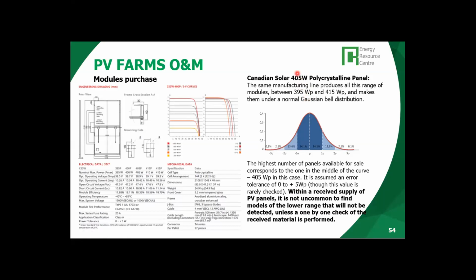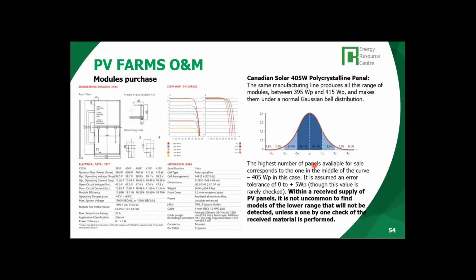We expect our PV modules to generate 405, and we could have several modules generating 2%, 1%, 3% below that. So 3% or 2% of a large capacity ends up being a substantial reduction in the annual yield.